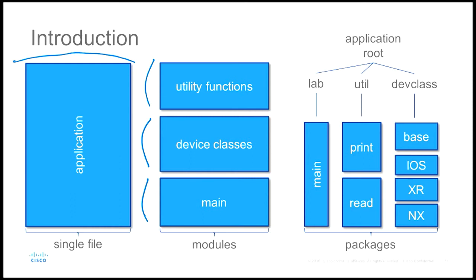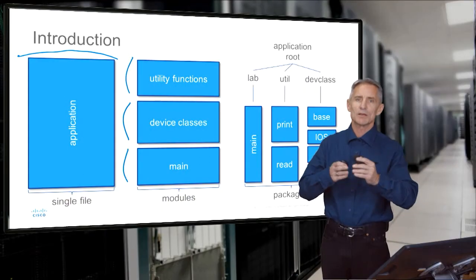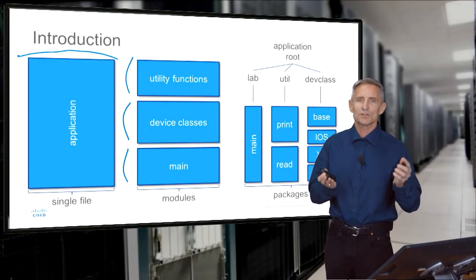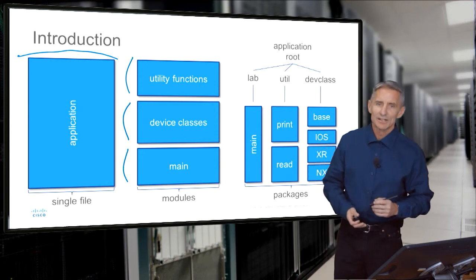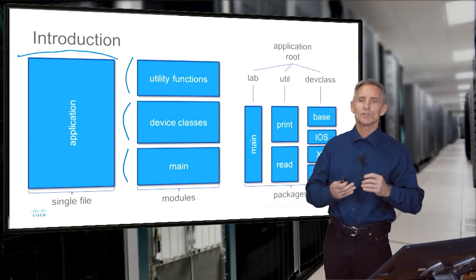Now, your software may get big enough that it's no longer useful just to break things up into modules. In this situation, you may want to put things into different packages, in other words, different folders and subdirectories entirely. And this is what we're going to talk about when we talk about packages.